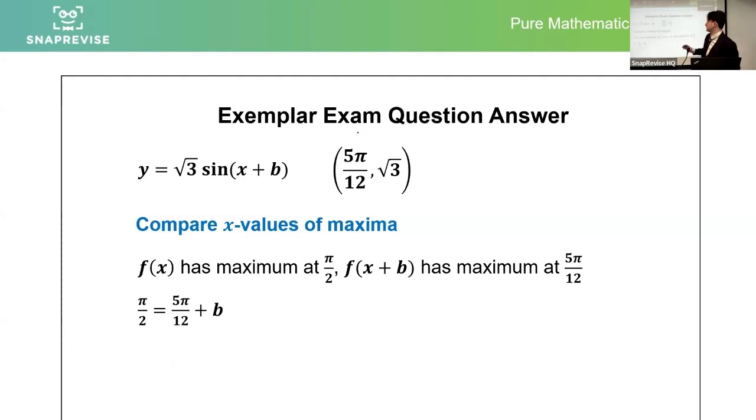And so effectively, that transformation has happened. So we can work out that b is pi over 12. And of course, if you've got graphing calculators and you've got ways of checking this, you can use that as well to kind of confidently move on and know that you've got this right. But it is very much a comparison, this kind of question.